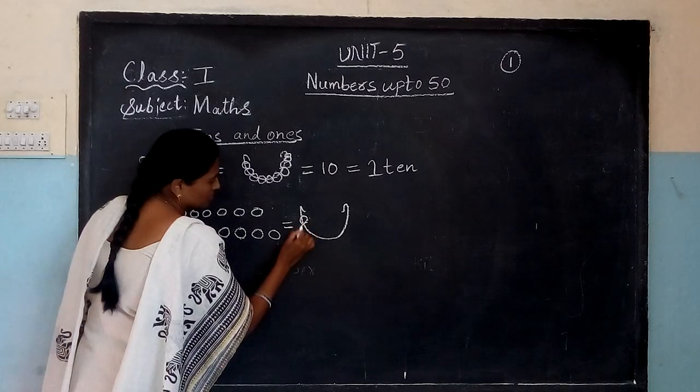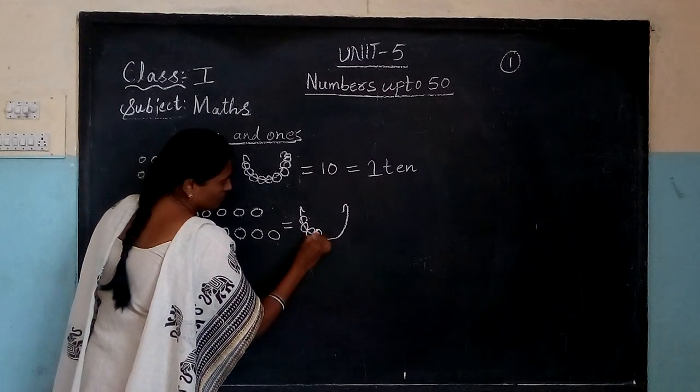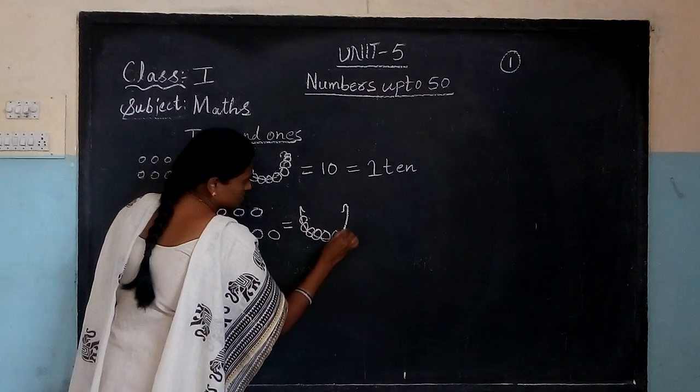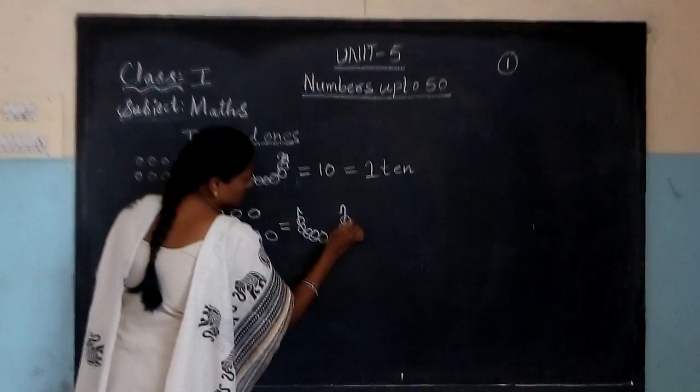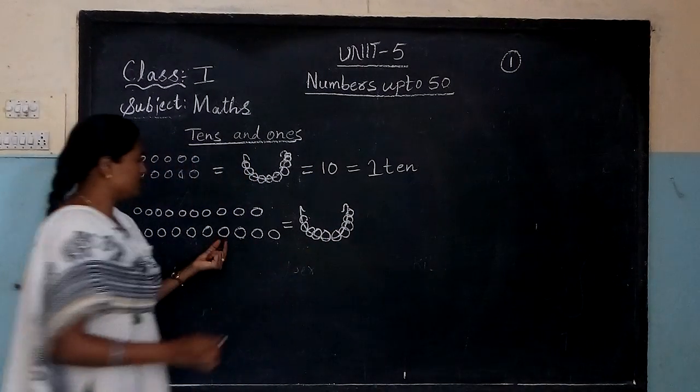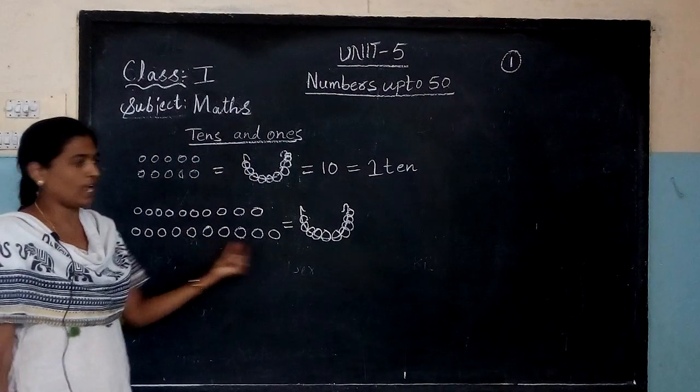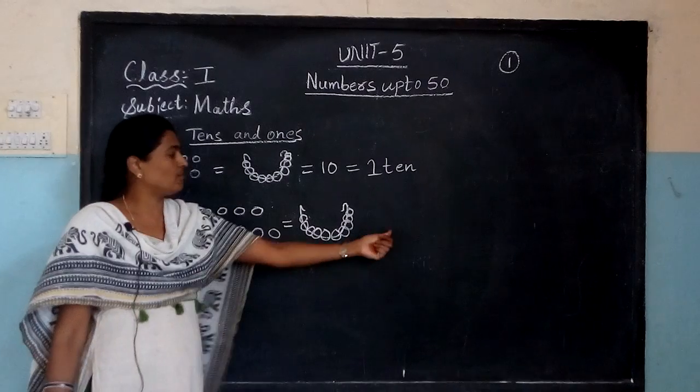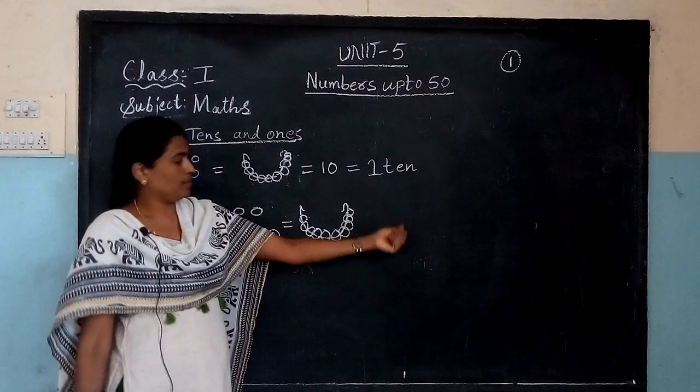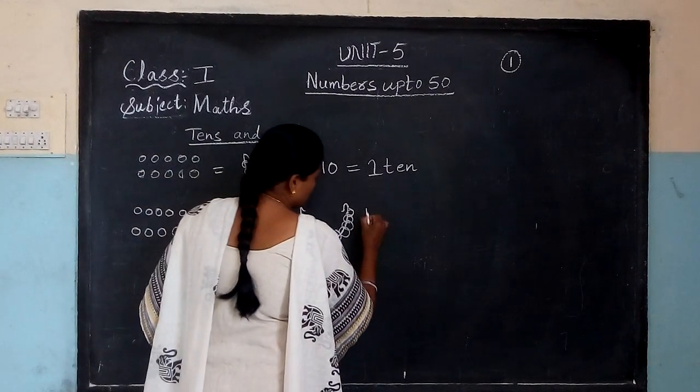Count 1, 2, 3, 4, 5, 6, 7, 8, 9, 10. Here how many circles are there? Singles 20 are there. Again 10 completed. Again how many do you need? One more also you need, like this.